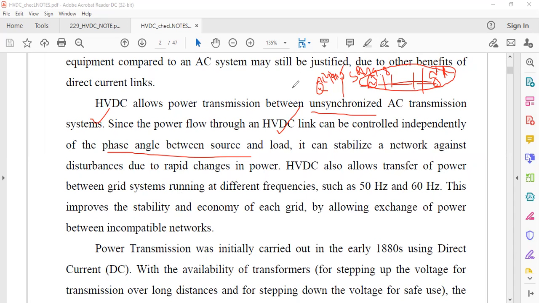As I said in the previous class, there are different regions with different frequencies, and we cannot connect the transmission lines directly. That is why this is very economical, and we can exchange power between different networks.